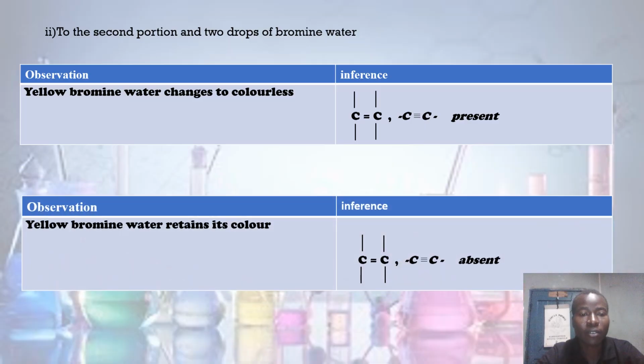And if you have yellow bromine water retaining its color, it will mean that the double bond and the triple bond are absent. And you should remember when you are writing these functional groups, this bond is not supposed to touch the C. So as you draw them, allow them to get suspended well.